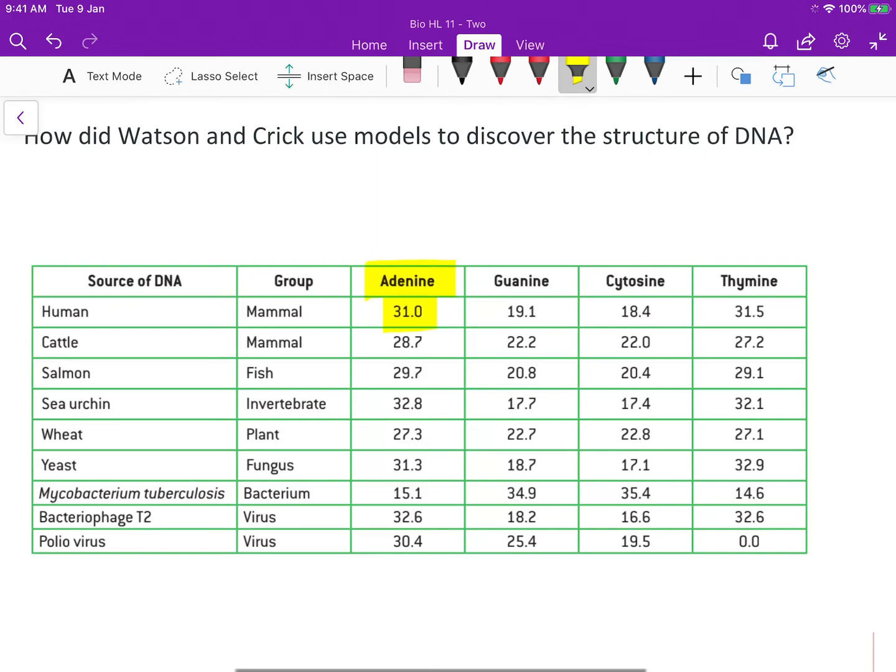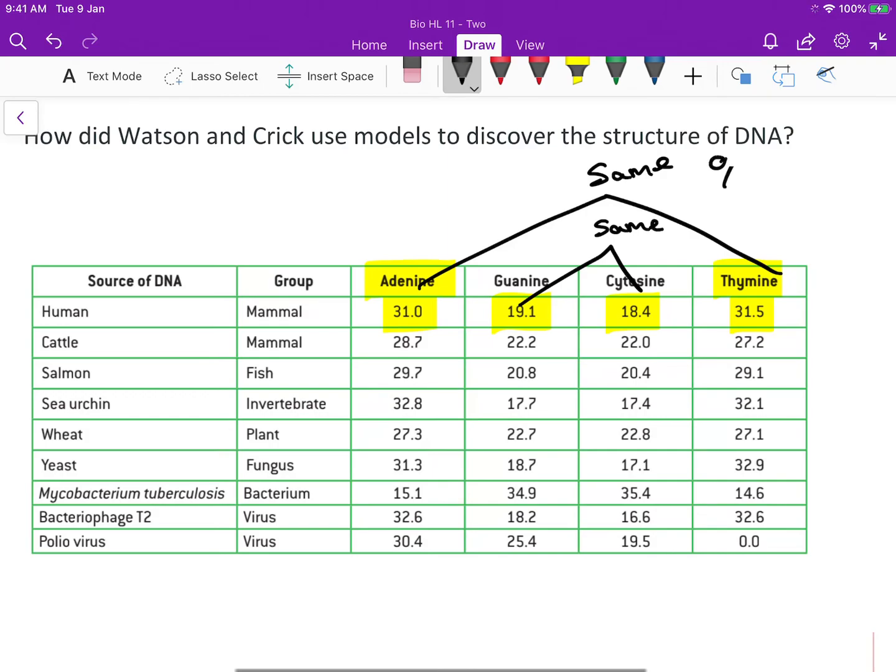Adenine is 31% and thymine is 31.5. Cytosine 19.1, 18.4. What conclusion can we draw? They are the same.